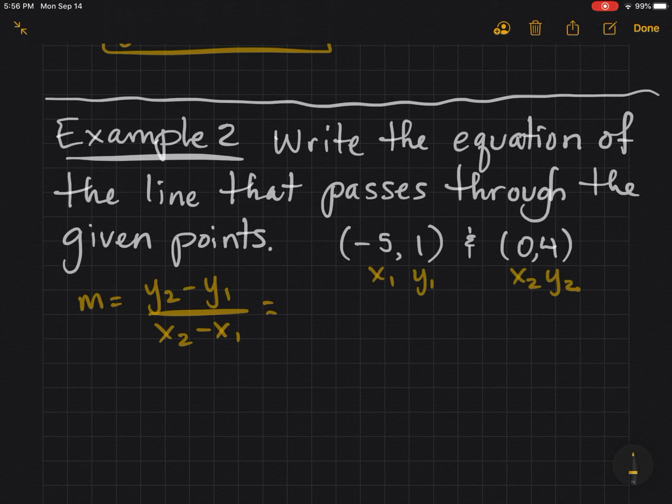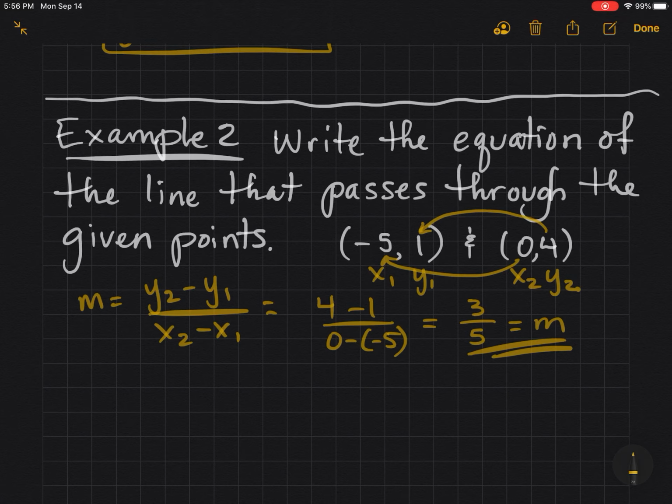And so I'm going y2 minus y1, 4 minus 1 over x2 minus x1, 0 minus a negative 5. Watch that double negative sign. So I'm looking at 3 over a positive 5 for my slope.